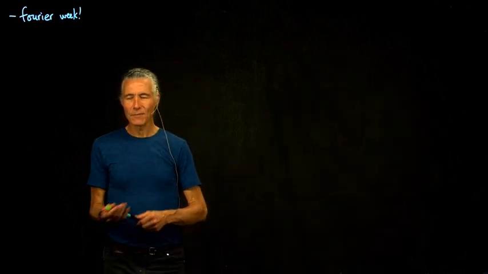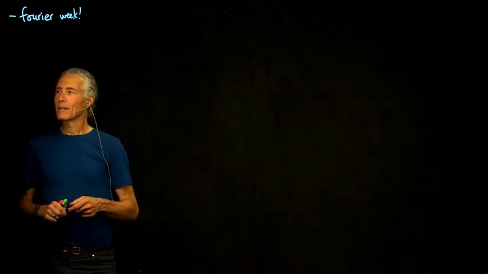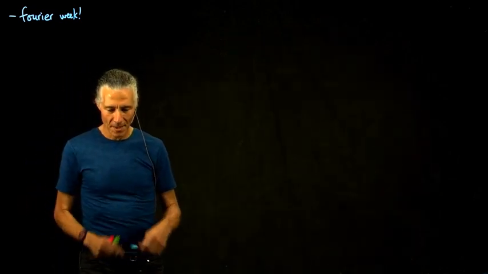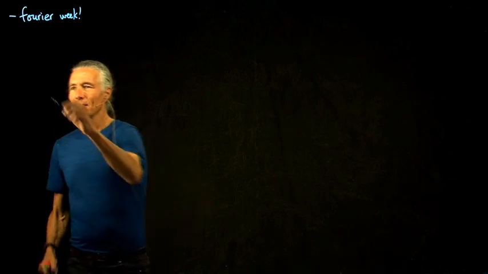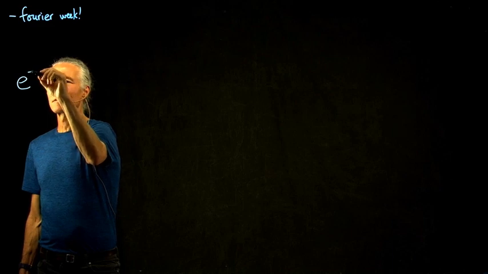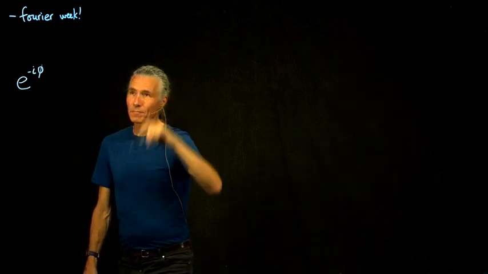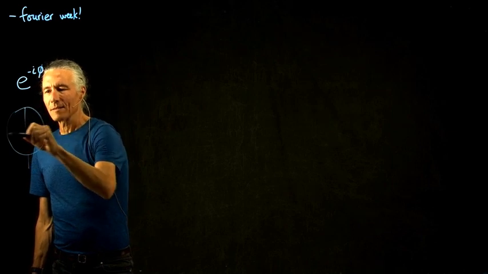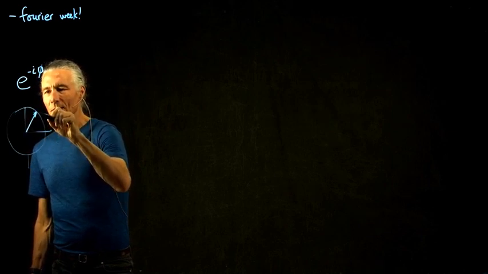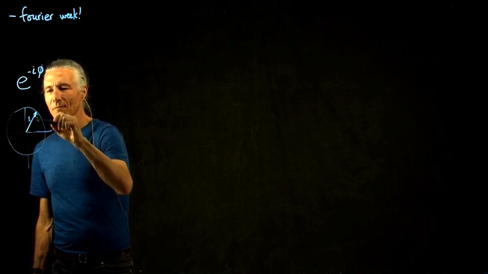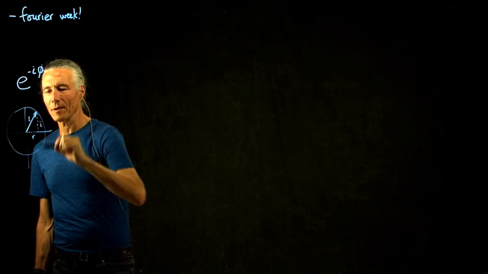I have a page in the notes on complex arithmetic, complex algebra, and it has to do with looking at something like e to the minus i some angle. We think of that as a vector on the unit circle of length 1, and we can decompose that vector into a real and an imaginary part.